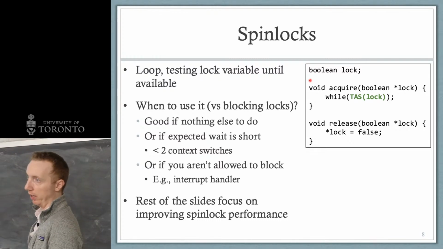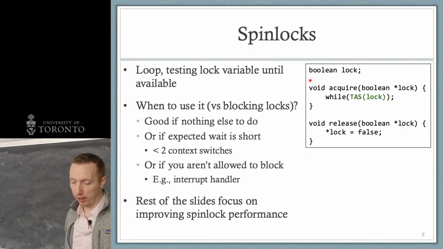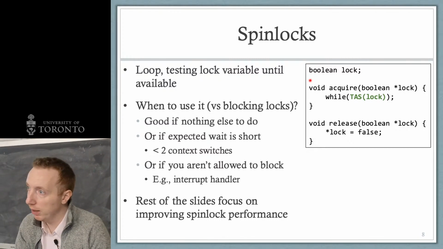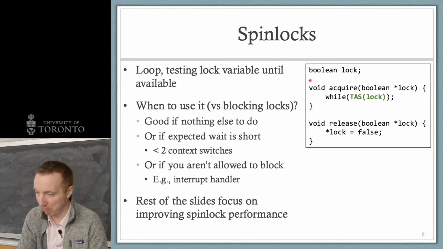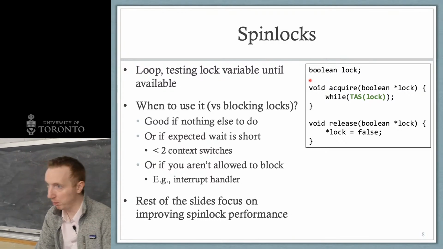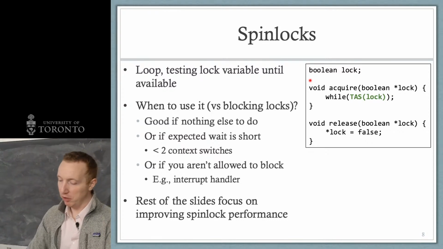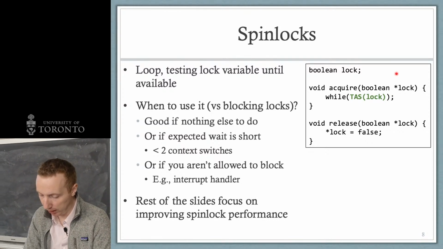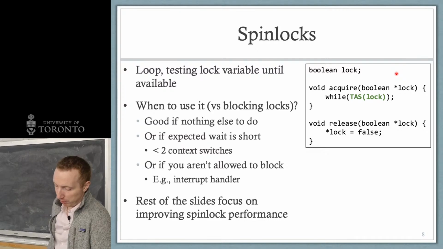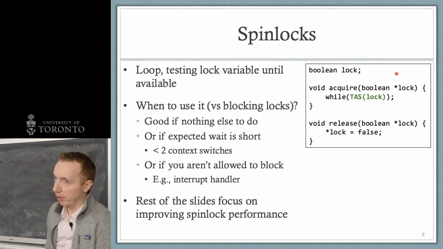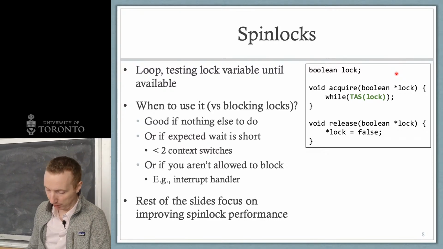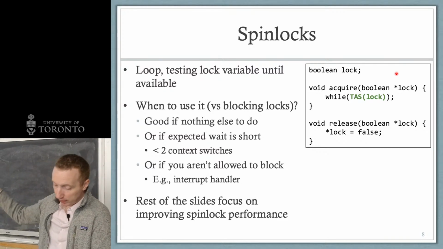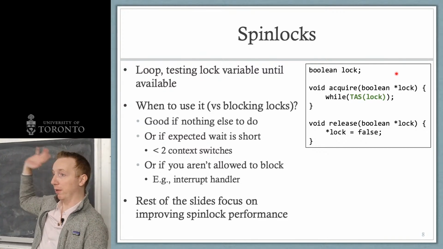Hopefully it can go ahead, finish whatever it needs to do, and release the lock. So that will take some time. If the expected wait time is lower than that, just try it again and hopefully nothing will happen. Or in some cases, you aren't allowed to block, like if you're writing an interrupt handler or something like that. So this is an implementation of spinlocks.